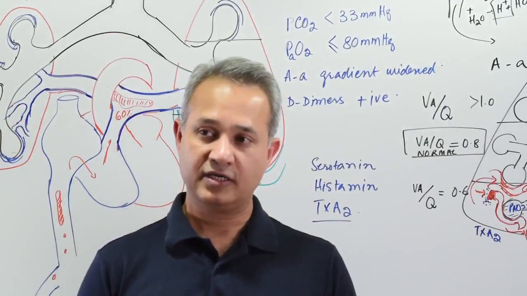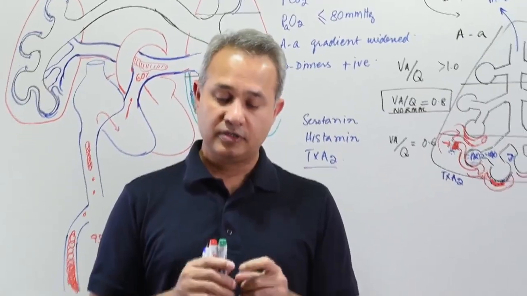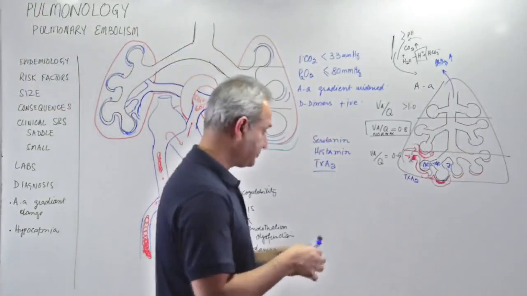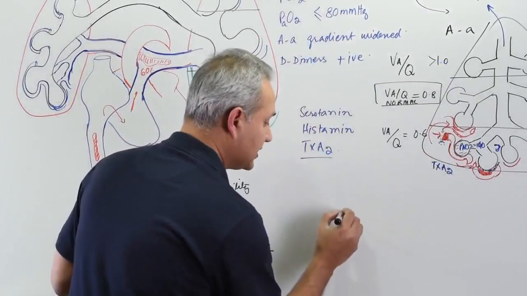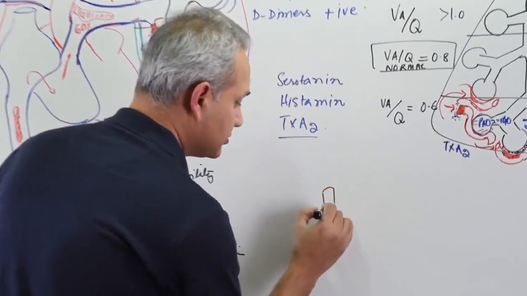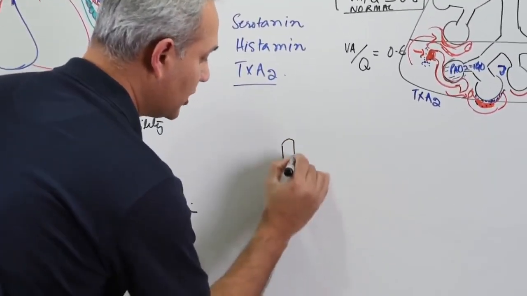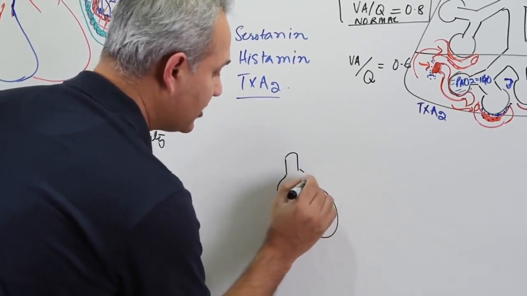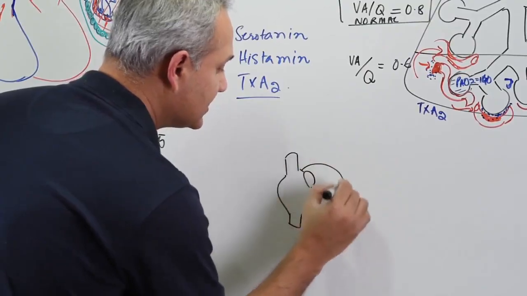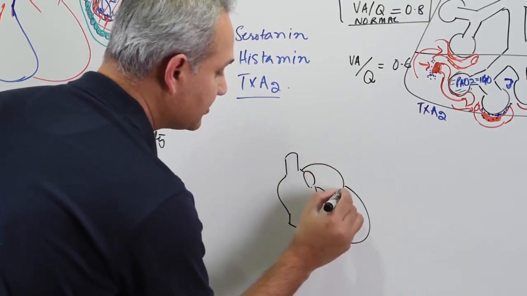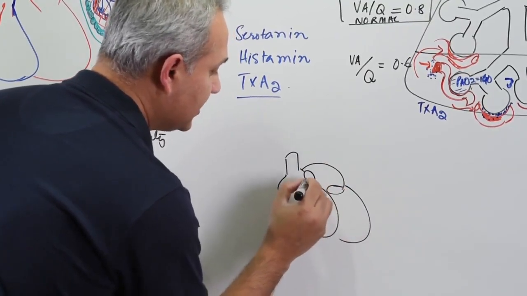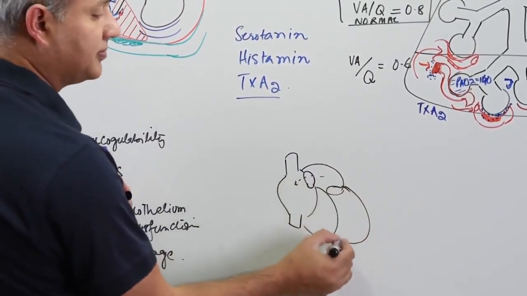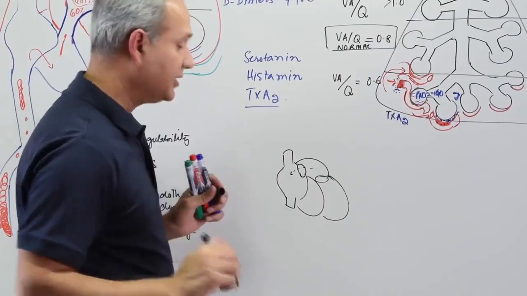So one more point about the right to left shunting. We know that there are some genetic problems where it is possible that the foramen ovale is patent, and normally the left side shunts to the right because of higher pressure, right?